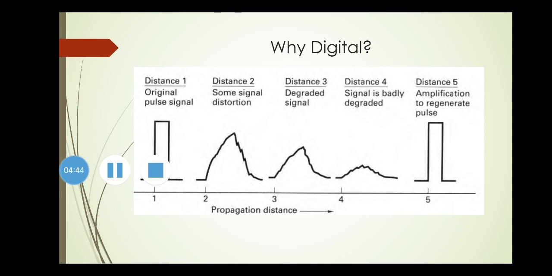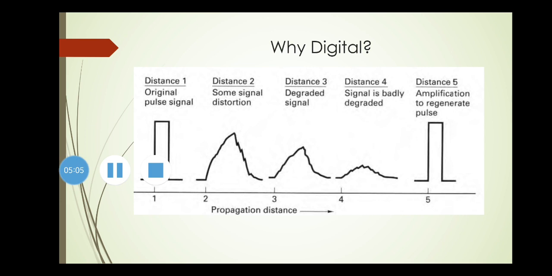The production of low cost switches is very easy when compared to that of the analog communication filters, which are of very high cost. So that is one more advantage of moving towards digital than the analog communication.